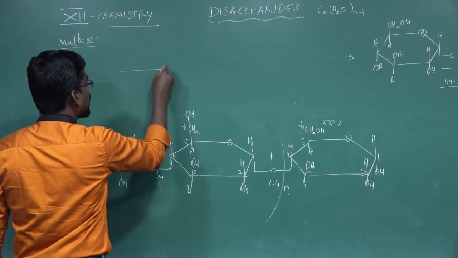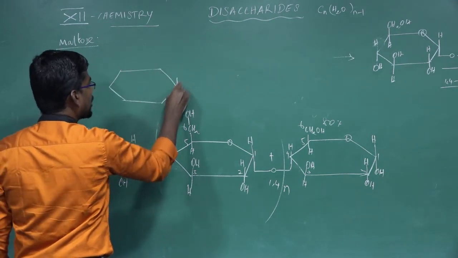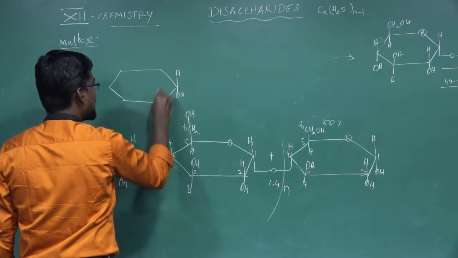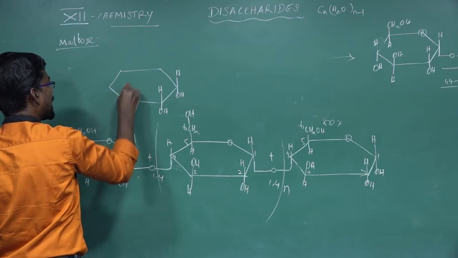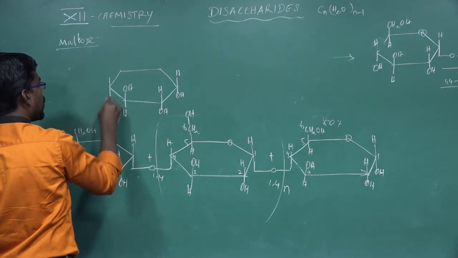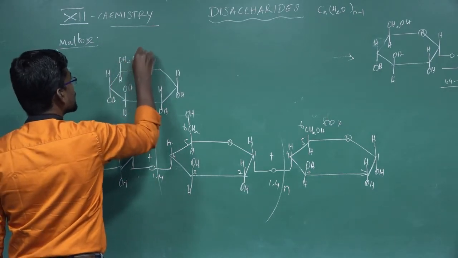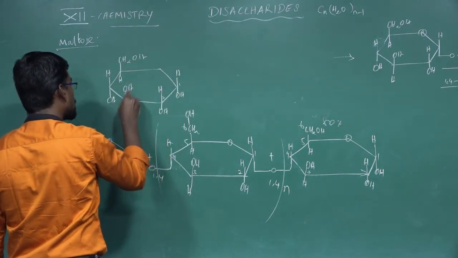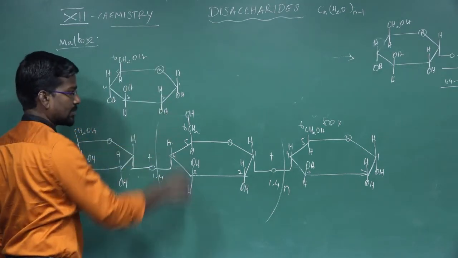The CH2OH group can be combined with the OH of another molecule. There are 1, 2, 3, 4, 5, 6 carbons here, and oxygen atoms are there.